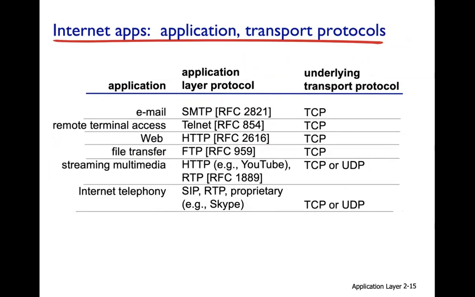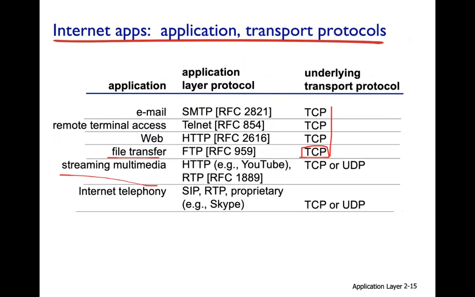So that's why the RFC will suggest what kind of transport layer protocol you will use. So for email and file transfer, you will use TCP because you want reliability, right? But for streaming multimedia, you can use TCP. You may also use UDP.